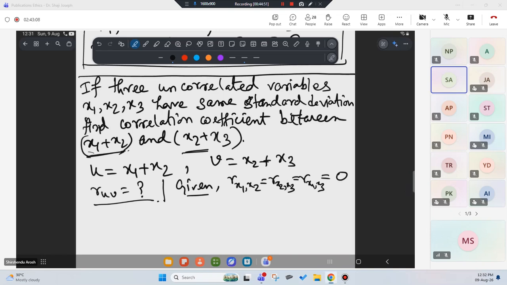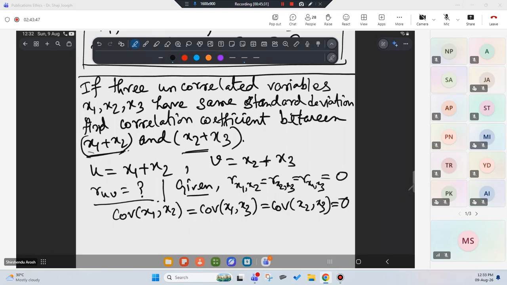As I told, the sigmas are not 0, because it is the same sigma, some number. So the covariance part has to be 0, right? So covariance of x1 comma x2, covariance of x1 comma x3, and covariance of x2 comma x3 are all 0. Of course, covariance of x1 comma x2 and covariance of x2 comma x1 are the same anyway because it is multiplication, right?